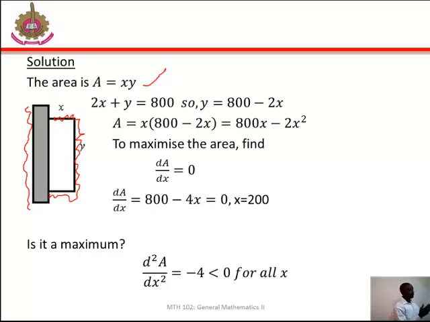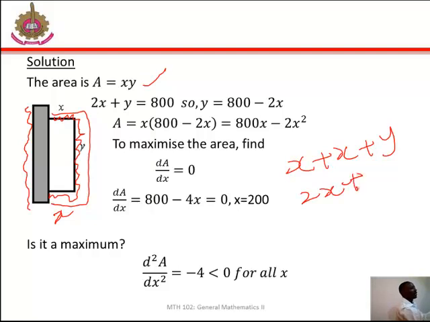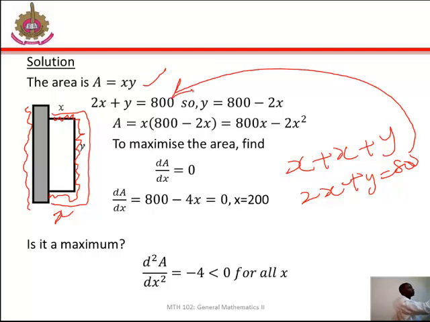Now, the maximum area that can be enclosed by 800 meters of fence is going to involve x plus x plus y. That is why we have 2x plus y equals 800 as shown here. So from this, we express y in terms of x, which gave us this.